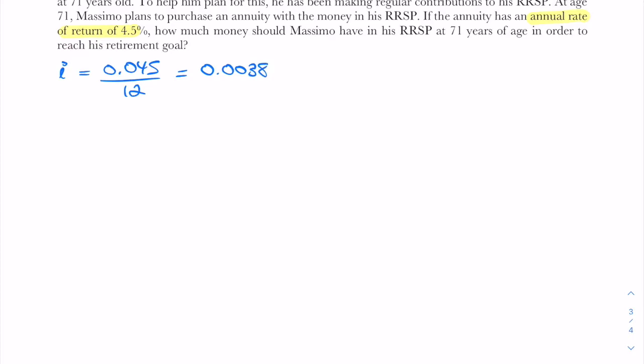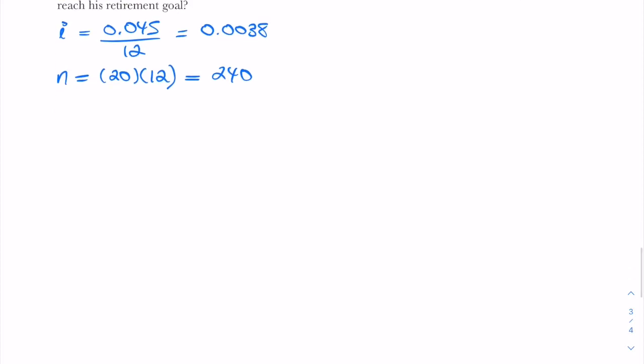As for the number of compounding periods, Massimo would like to collect payments for 20 years, and he would like monthly payments. So 20 times 12 is a total of 240. With that being said, we're all set to use the present value annuity formula. I'll begin by writing it out.